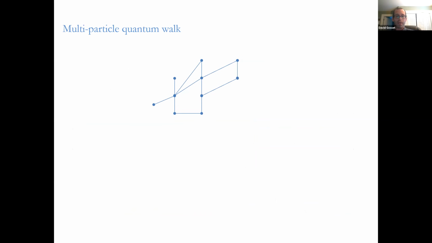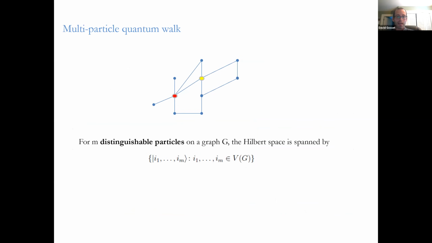Just like before, we have a graph, and let's say that we have distinguishable particles. Then we would have a basis vector for every configuration, where we just record the locations of these particles. So we would have particles 1 up to m, and we would say particle 1 is located at vertex I1, particle 2 is located at vertex I2, and so on.